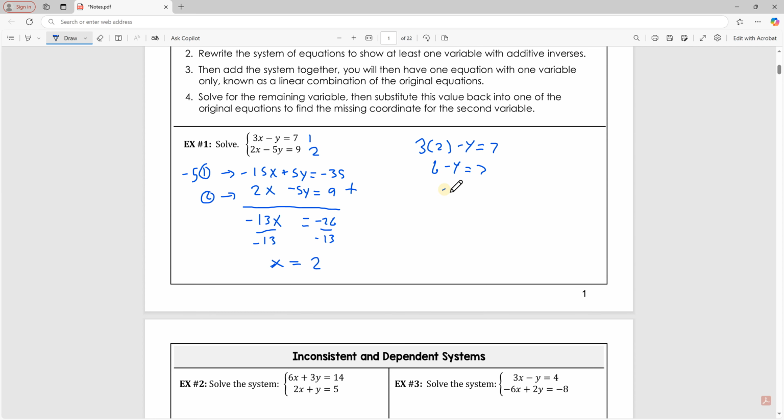Subtract 6 from both sides, I get negative y equals positive 1. And then divide by the negative, I get y equals negative 1. For these solutions, we do need to write them as a point. So it would be 2 comma negative 1 as a final solution.